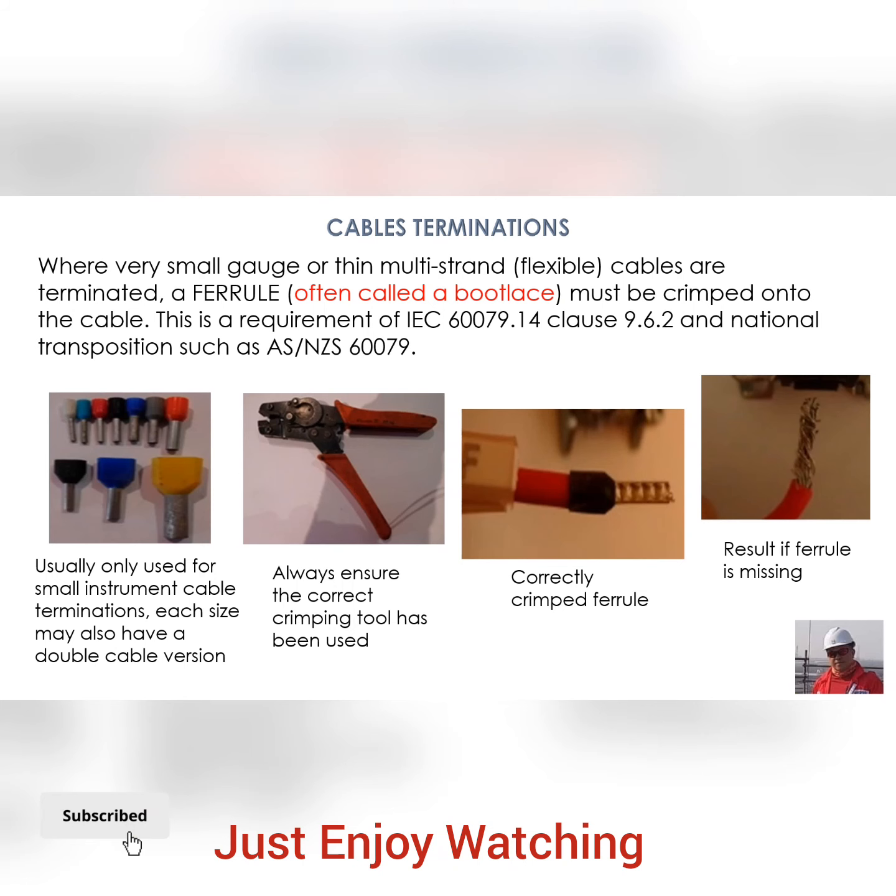Okay, result of ferrule is missing. So basically, in some of the construction, we are using ferrule on our cable, but this one is ferrule, also called bootlace. So on the construction side, we call this bootlace. Okay.